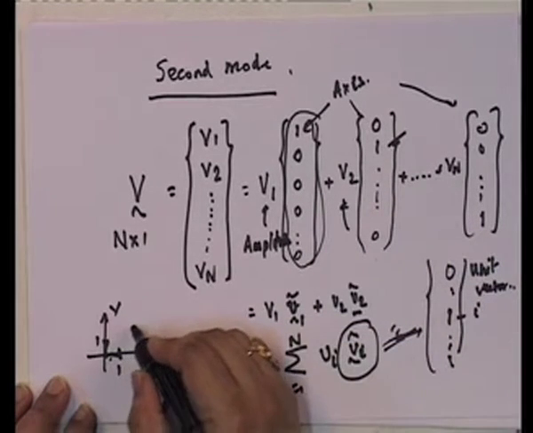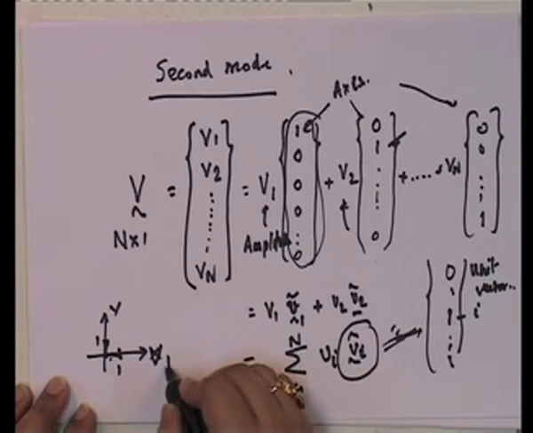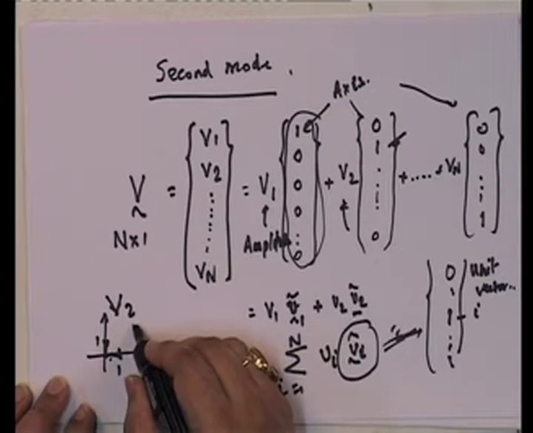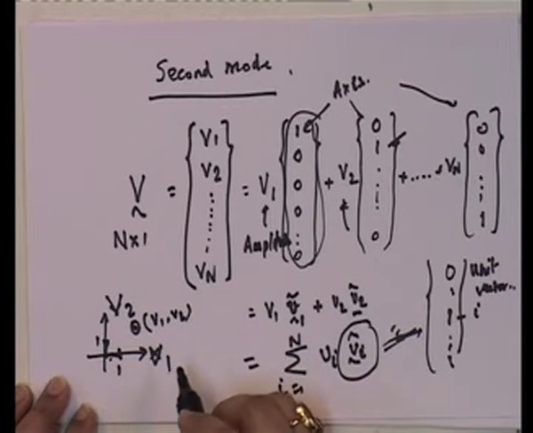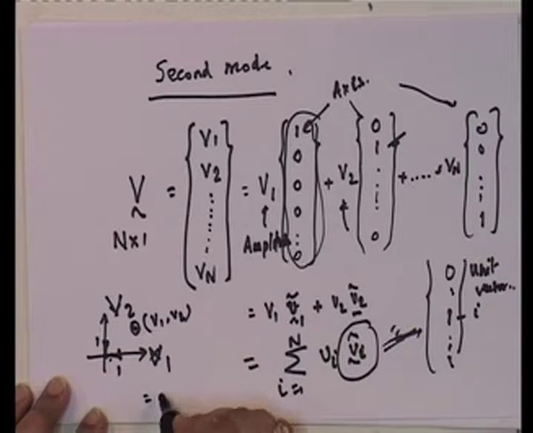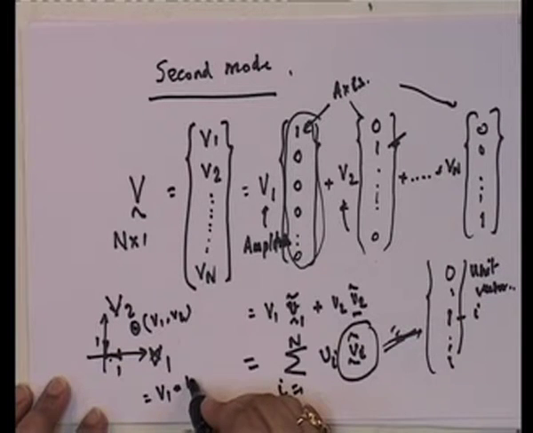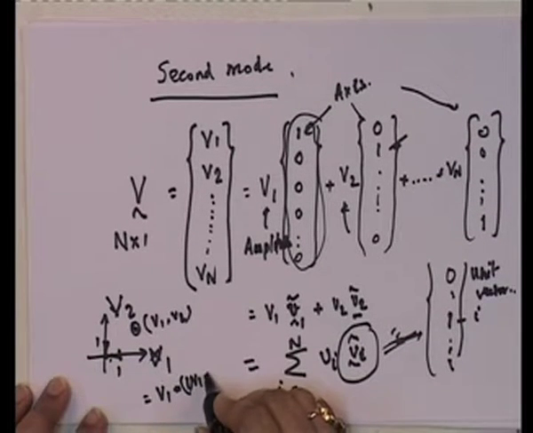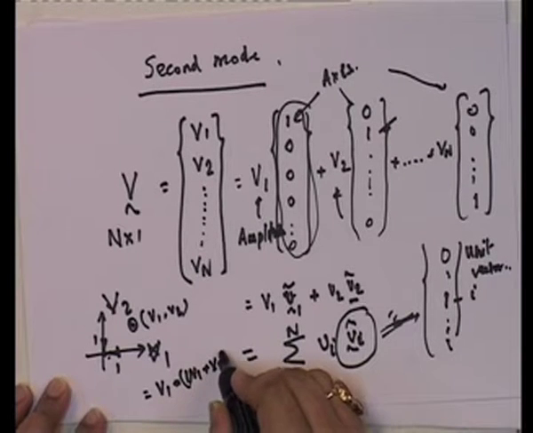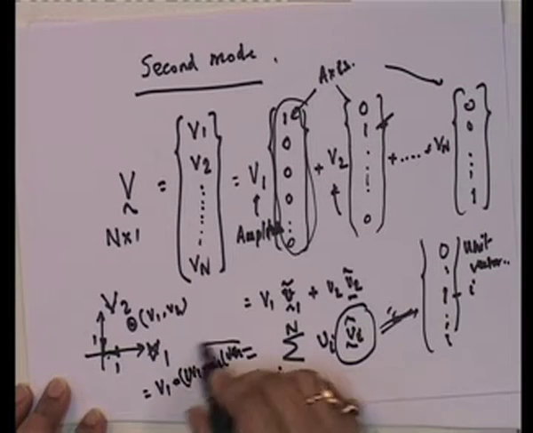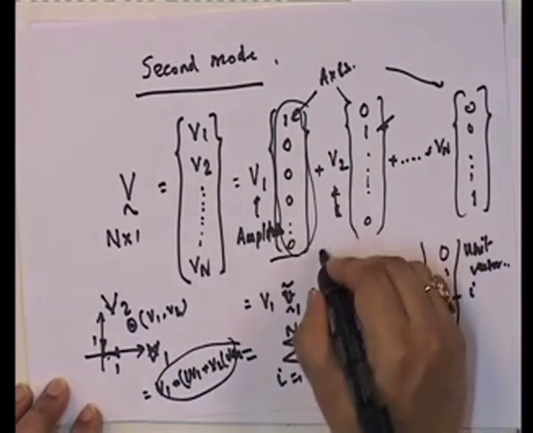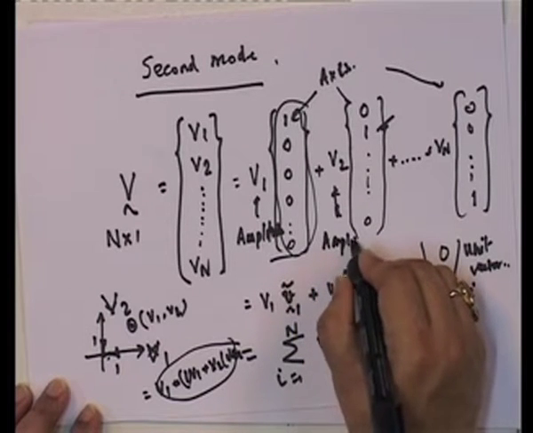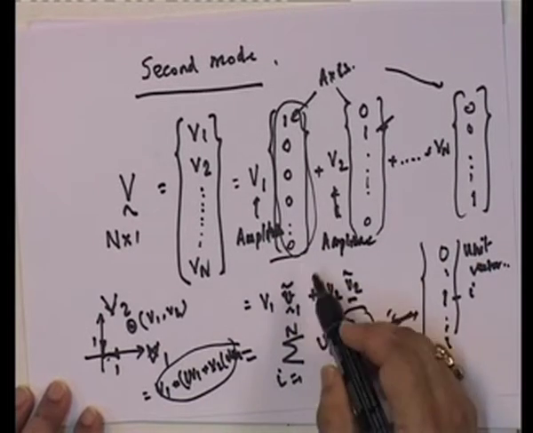So, if you have, let us say, V1, V2 space, this is represented by V1, V2, which is nothing but V1 into the unit vector along 1 plus V2 into the unit vector along 2. So, these represent amplitudes along this axis.